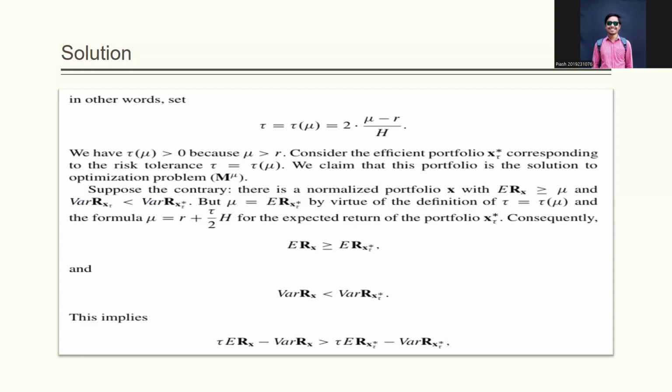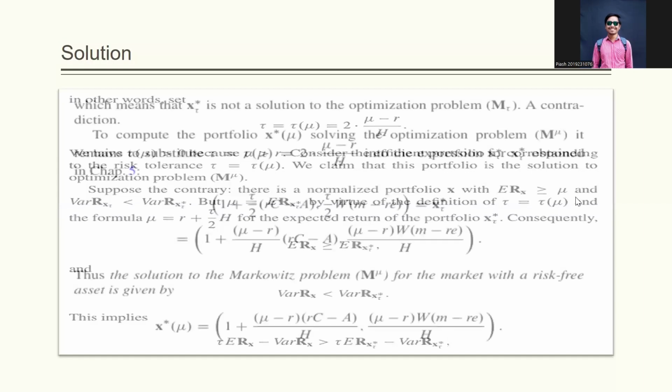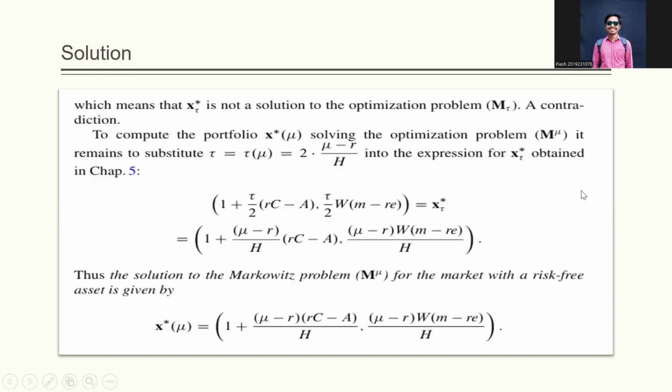Consequently, E R x is greater than or equal to E R x star tau and variance of Rx is less than or equal to variance of R x star tau. This implies tau E Rx minus variance Rx is greater than tau E R x star tau minus variance R x star tau, which means that x star tau is not the solution to the optimization problem, a contradiction.